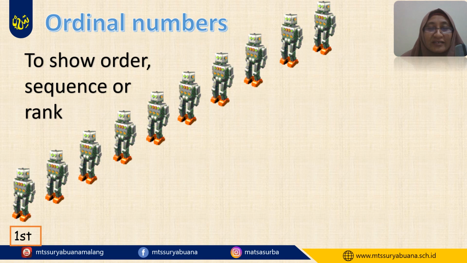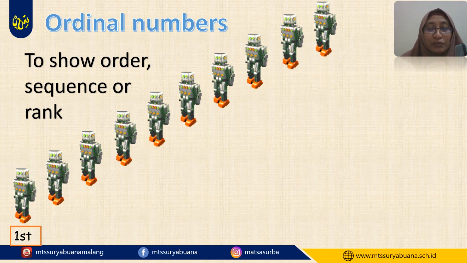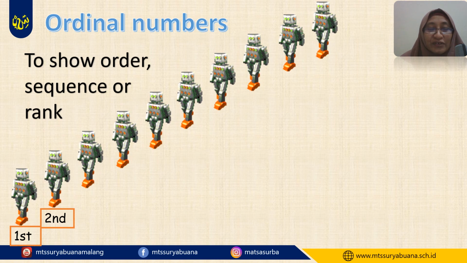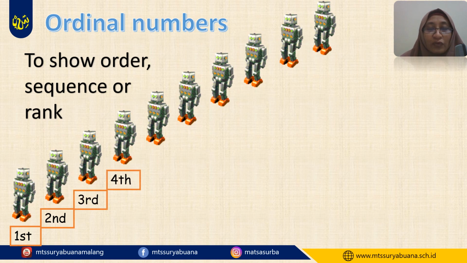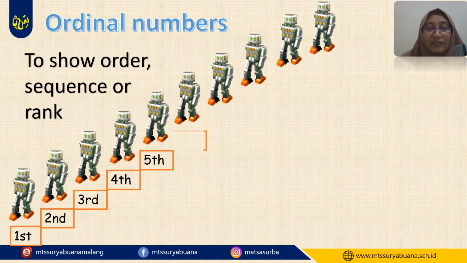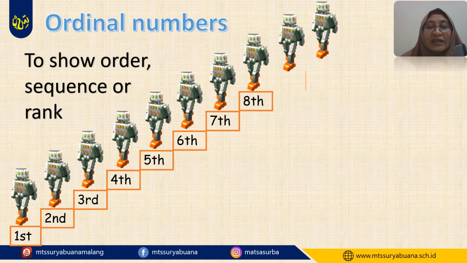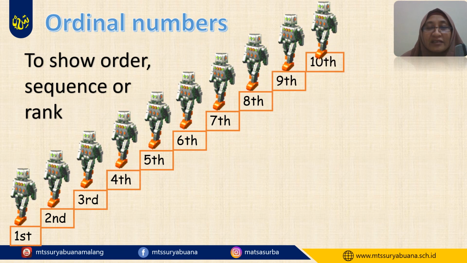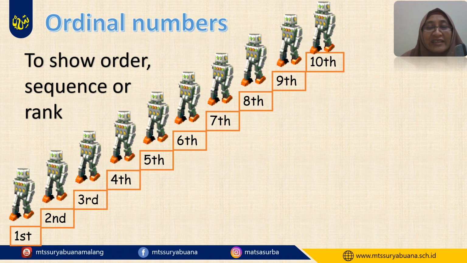Okay, look at this. This is the position. Okay, this one shows position. First, second, third, fourth, fifth, sixth, 7th, 8th, 9th, 10th. Now, pay attention on how they are written.